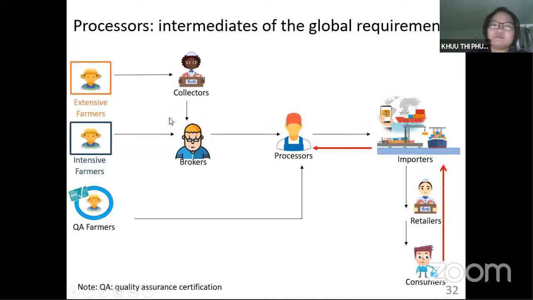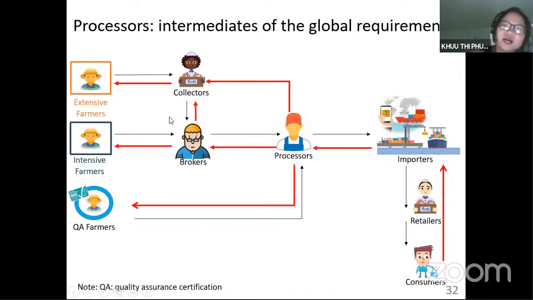And the processor plays the role of intermediary for the global requirements, but they cannot push the requirements to brokers or collectors or farmers because they depend on the input material supply from those agents.